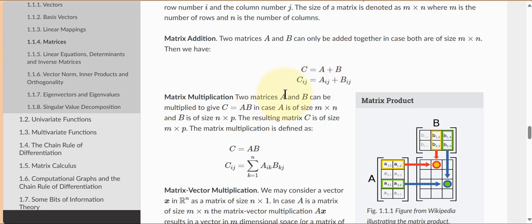To get the individual elements, you take the individual element of the first matrix and the corresponding same element of the second matrix and add them together to get the result. And you do that for each element in the C matrix.